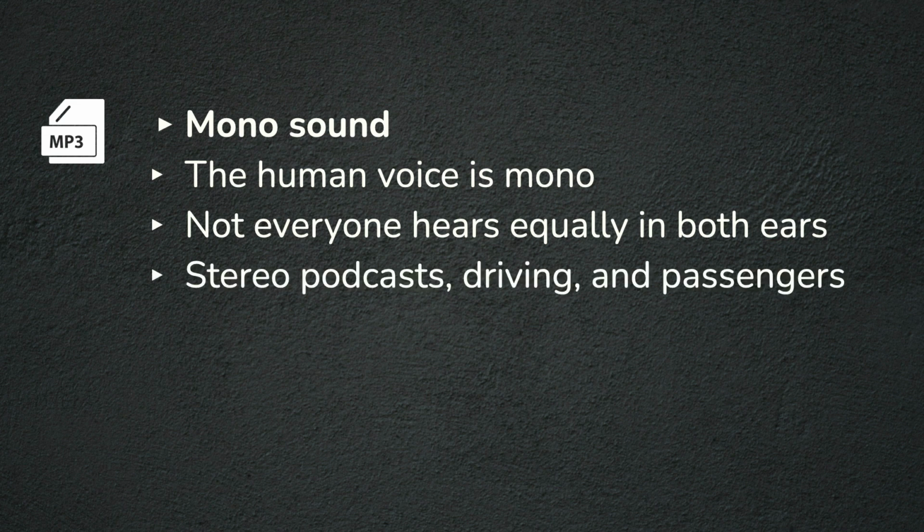Also consider when people are driving. If you're taking a long road trip and you make a stereo audio file and you're in the passenger seat and there's a driver, depending on how the stereo file has been made, one of you is going to hear one section of the conversation better than the other person, because the left channel speaker is on the left doorwell in the car.